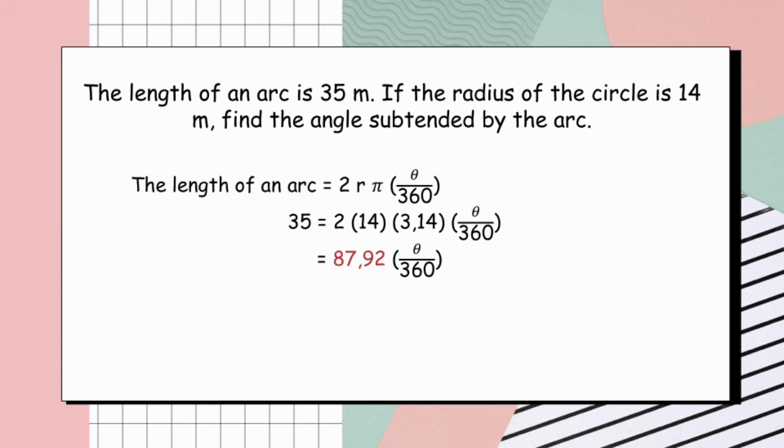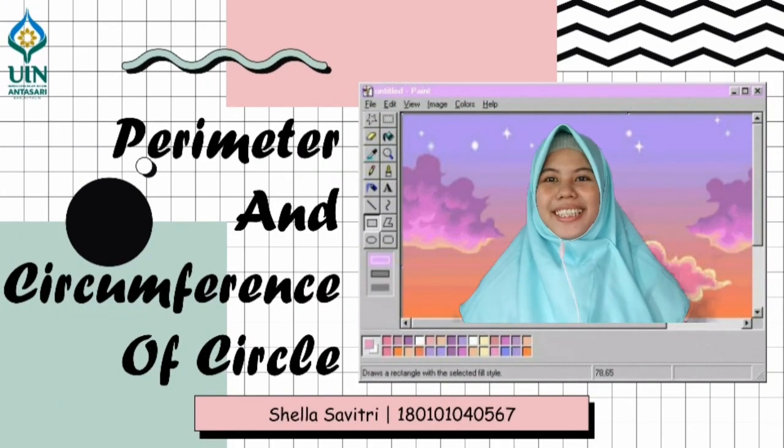Multiply both sides by 360 to remove the fraction. 12,600 equals 87.92 times angle. Divide both sides by 87.92. The angle is 143.3 degrees.